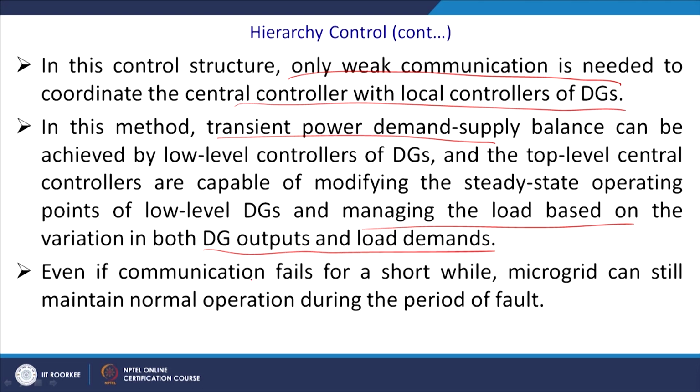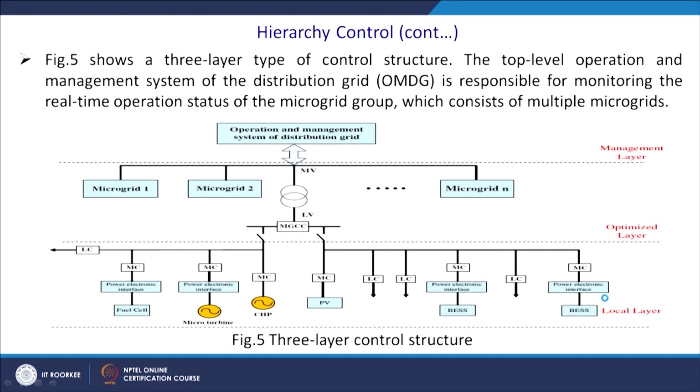Even if the communication fails for a short time, and data is lost, that does not have any problem. The microgrid still maintains normal operation during the failure time period. So, this is the hierarchical control.